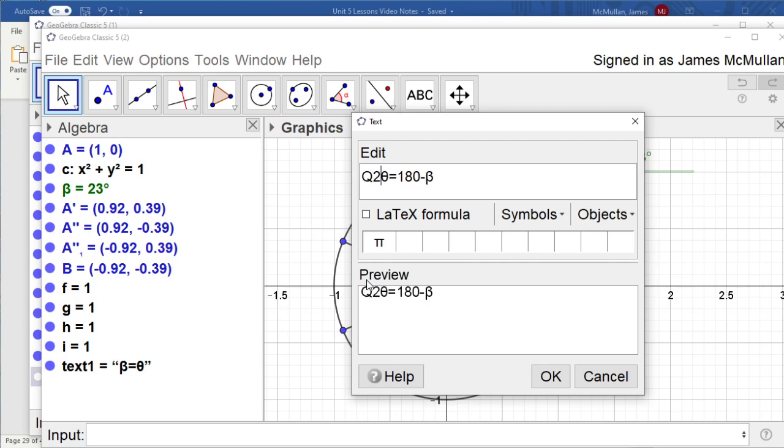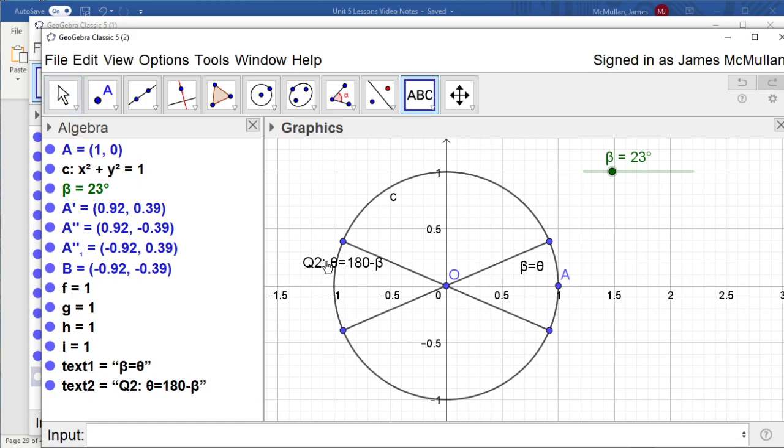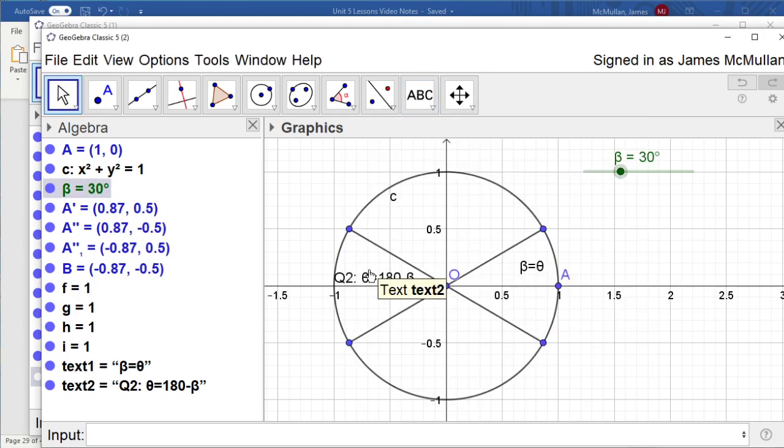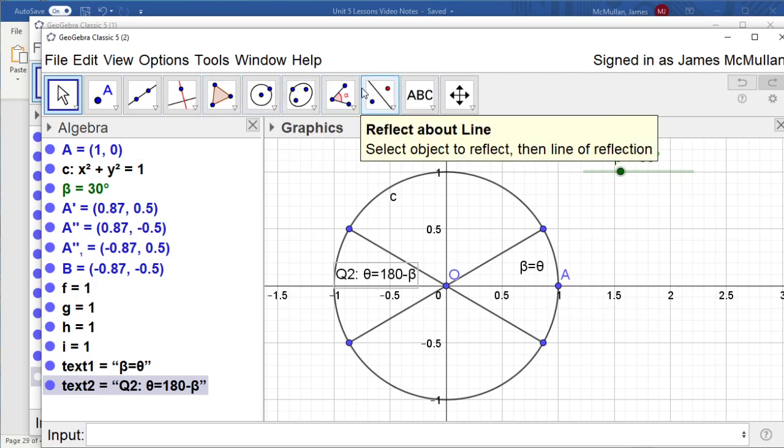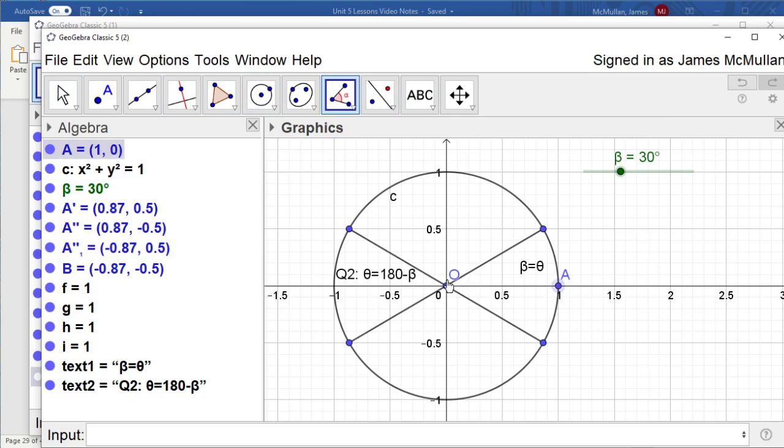That's your quadrant 2 formula. That's how you move an angle into quadrant 2. Take the beta and move it into quadrant 2 by subtracting it from 180. So again, if beta's 30 here, then the big angle from A to O to here would be 150, which I get by taking 180 and subtracting the beta.